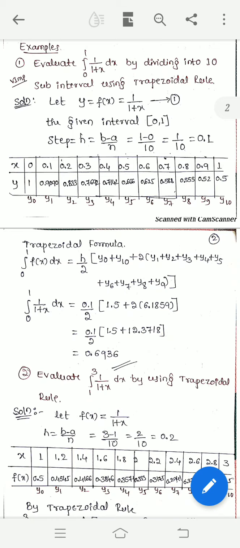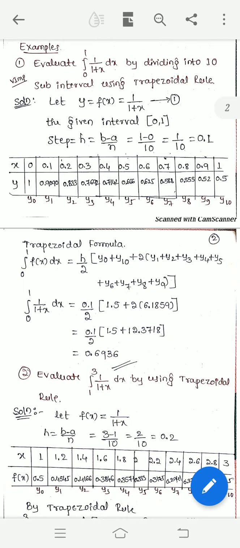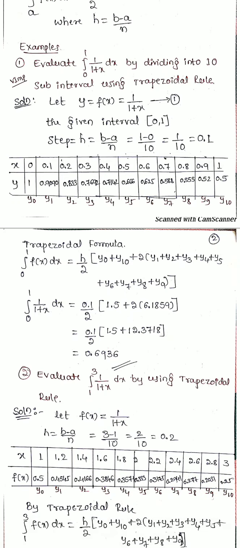Now we find the step. h is equal to b minus a divided by n, where b is 1 and a is 0, so 1 minus 0 divided by 10, by dividing the interval into 10 sub intervals. That is equal to 1 by 10, which is 0.1.